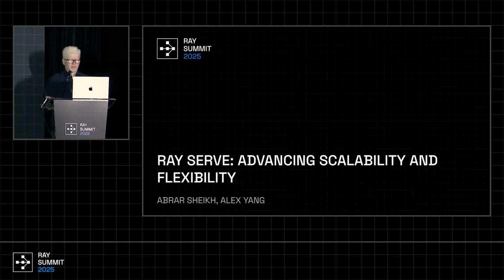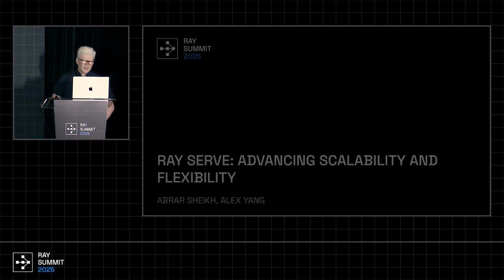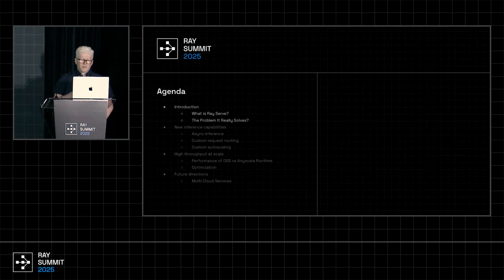And today, we'll be talking about all the advancements we've made in terms of scalability, performance, and flexibility of the framework within the past 1 year. We'll start off by talking about what RayServe is as a project, why you should consider using it. From there, I'll talk about some of the improvements we've made in terms of improving the flexibility of the framework.